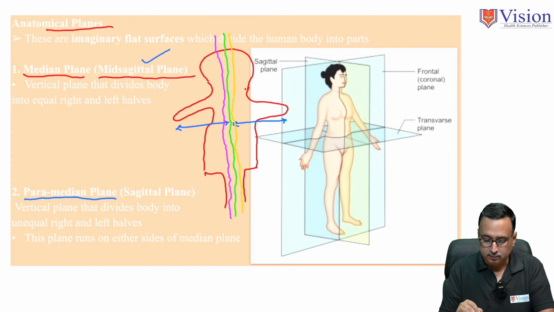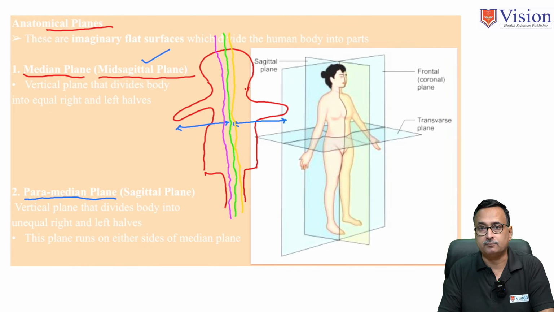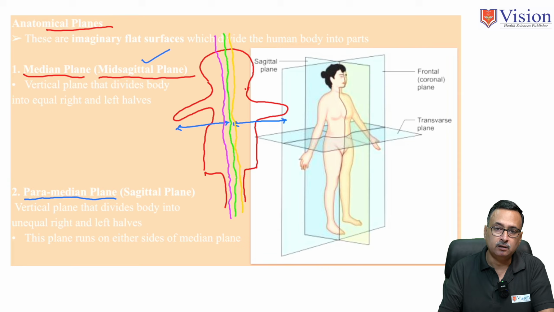So the yellow line and violet line are the vertical planes on either side of the median plane. So these planes divide the body into two unequal halves and are designated as paramedian planes. Same is the diagram over here. It is shown as this black line. This is the median plane.